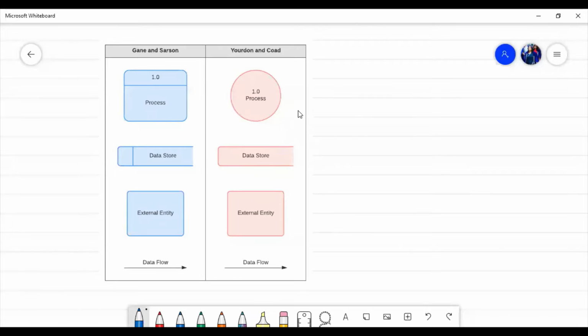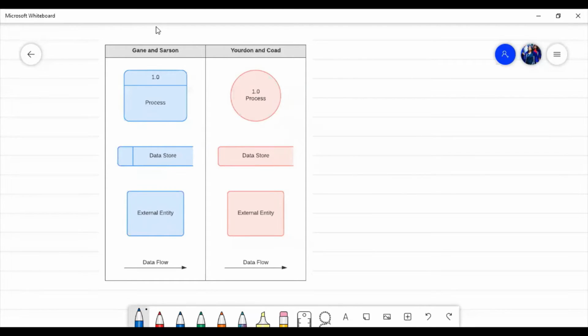If you're familiar with Yourdon and Coad, you can use that, or else if you're familiar with Gane and Sarson, you can go with Gane and Sarson. But make sure not to mix up both the symbols. You can't take the process from Gane and Sarson and the data store from Yourdon and Coad. You have to stick to just one particular set of symbols. That's the idea.